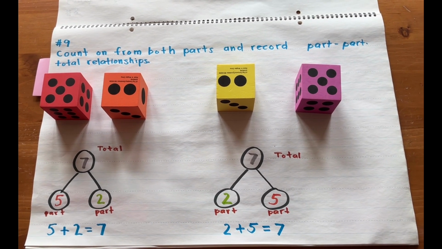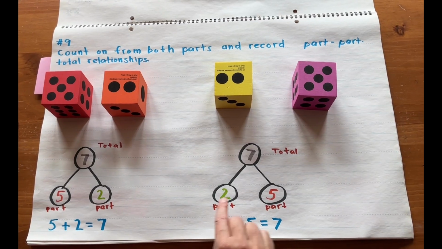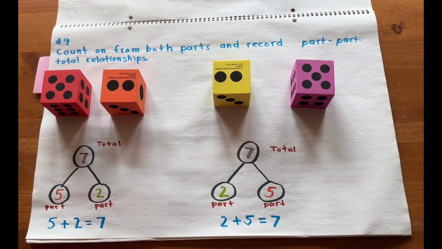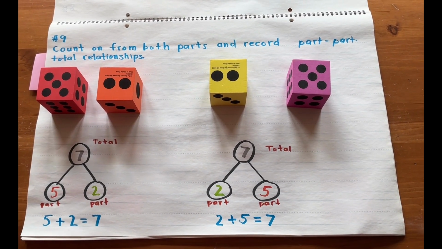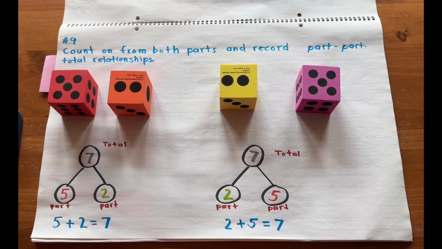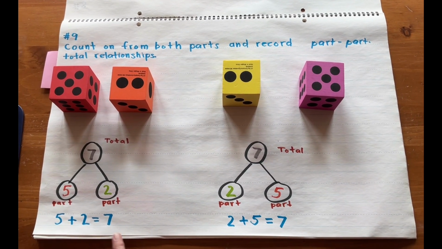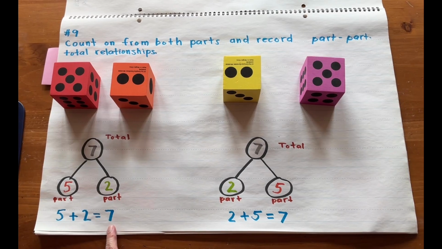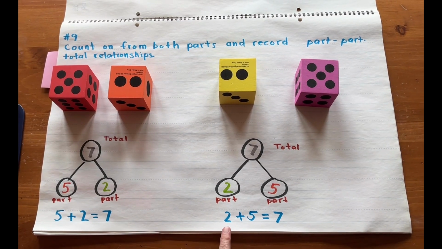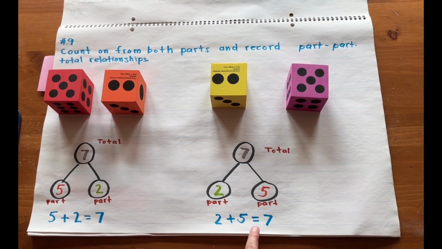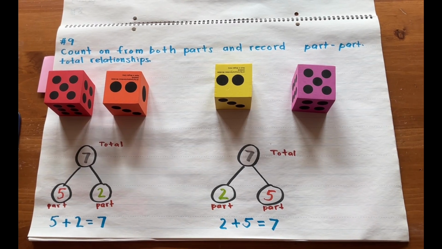So when the two parts are the same, even if we switch them, the total is going to be the same. So if you know 5 plus 2 equals 7, that can help you figure out 2 plus 5 equals 7.